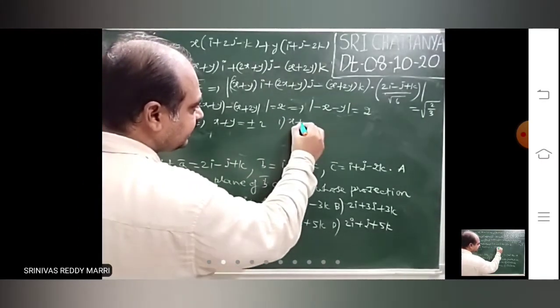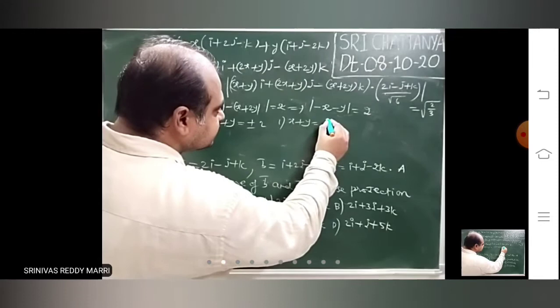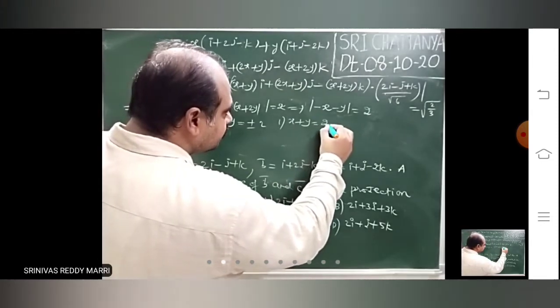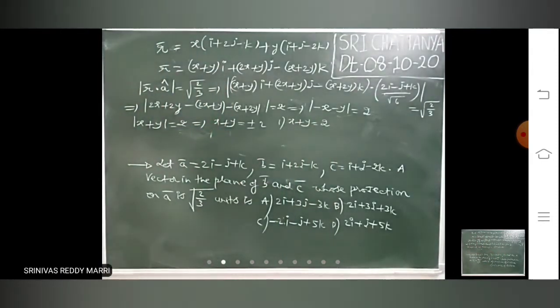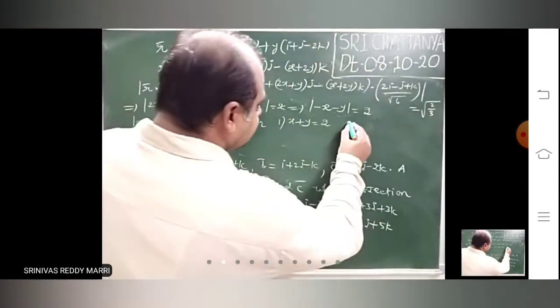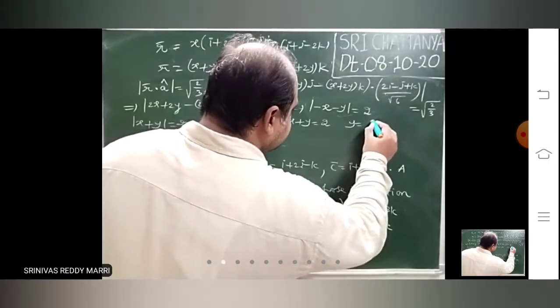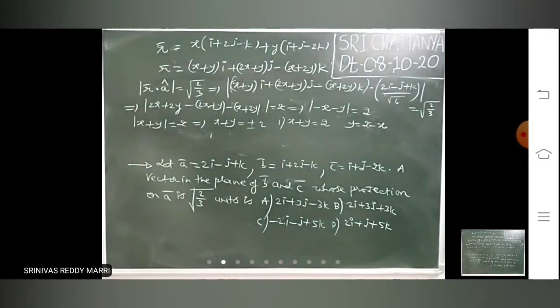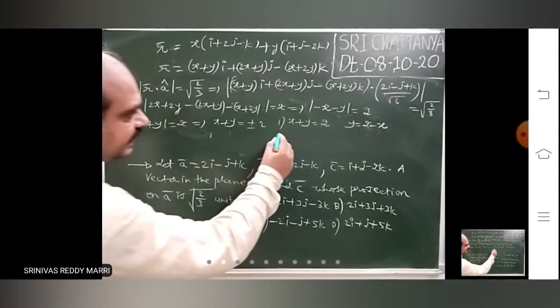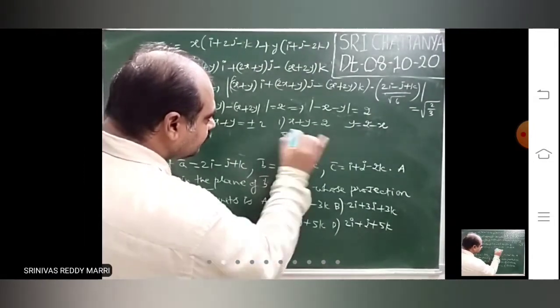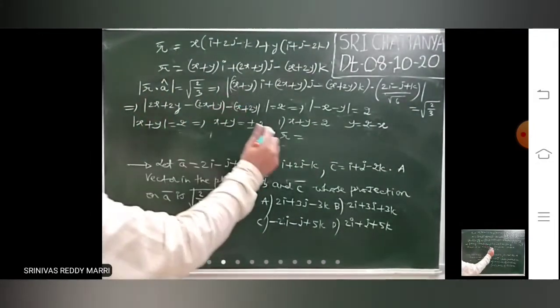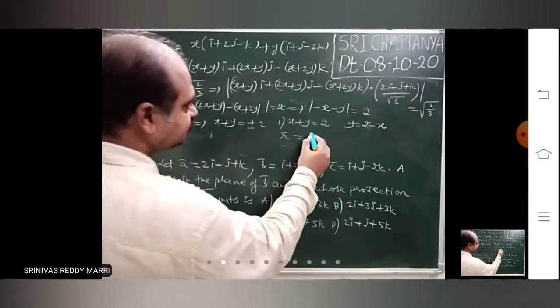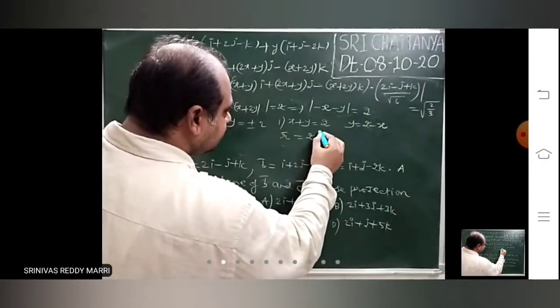Number one, the first case I am taking, x plus y equal to 2. There is only one condition, so you cannot find x and y with that condition. So I am taking y equal to 2 minus x and writing r bar in this case. Look, r bar is nothing but x plus y is 2 here, 2i.